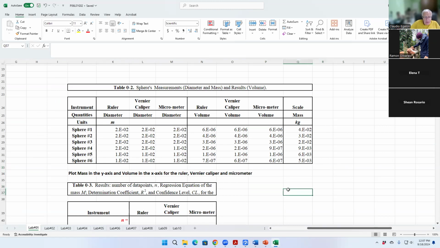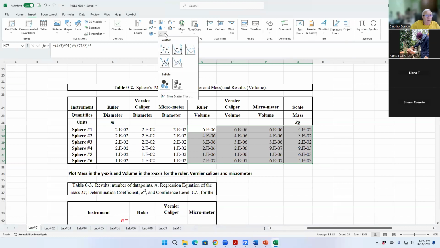Okay, at the moment, let me show you a little trick here. Since you have neither the command nor the control key, do the following: highlight all three, all the way up to the scale. Did you do that? And now insert. Now you're going to get all three charts plotted in a single one.